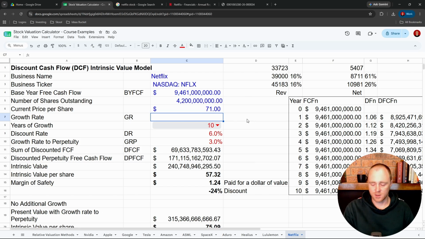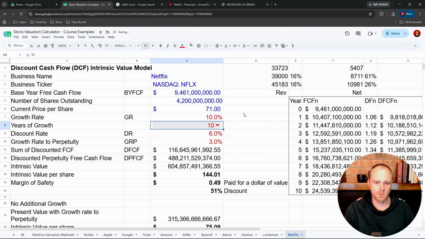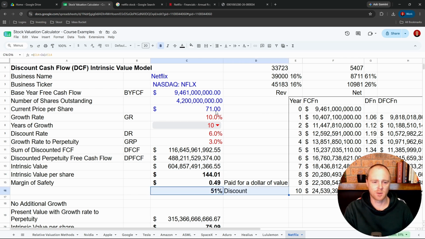So we could come up with 10%, which is lower than what we've got here for these expectations of reality, not just future expectations from the business. And we can see that with that growth rate, the intrinsic value would be $144, which is a 51% discount compared to its current price. So that's pretty good, getting it for half price.